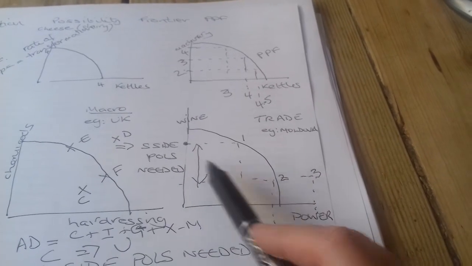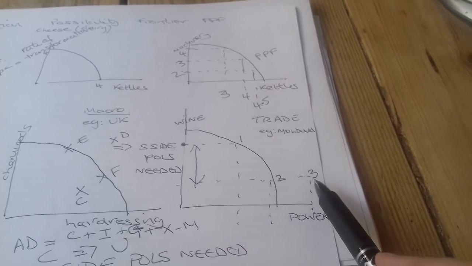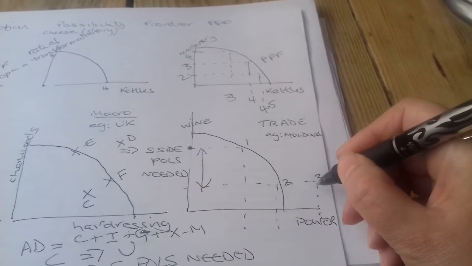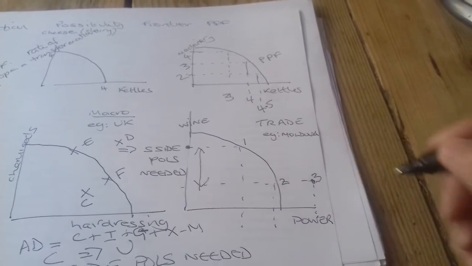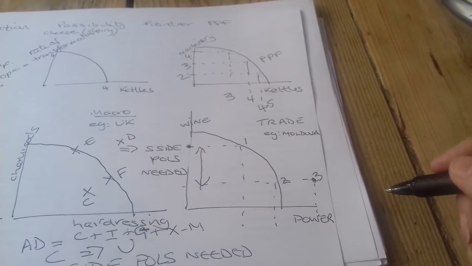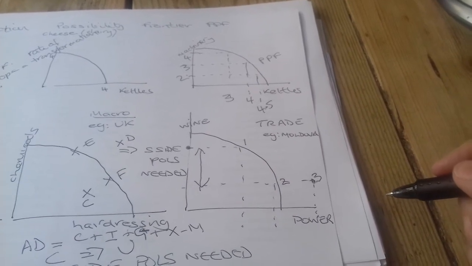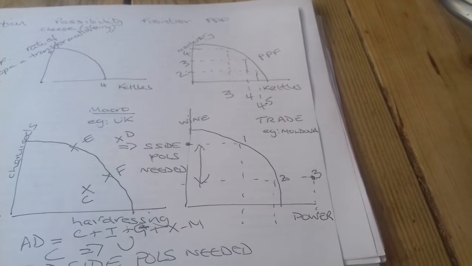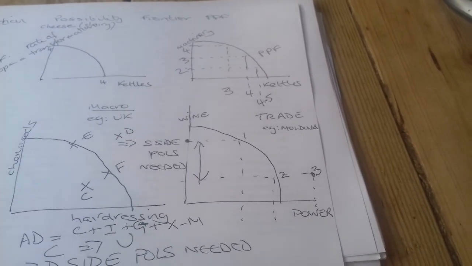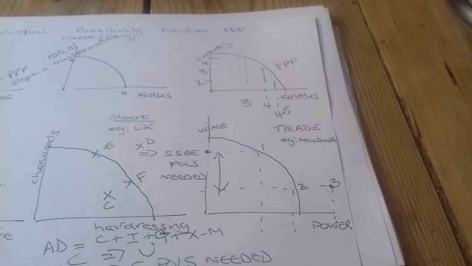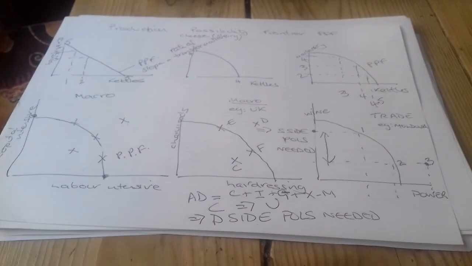So by selling wine and exchanging it with Romania for power, we can now move beyond the production possibility frontier to this point here, so that citizens of Moldova have a higher level of satisfaction. And that concludes our revision on the production possibility frontier.